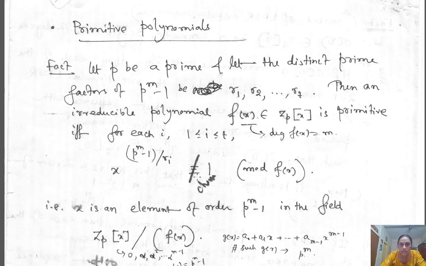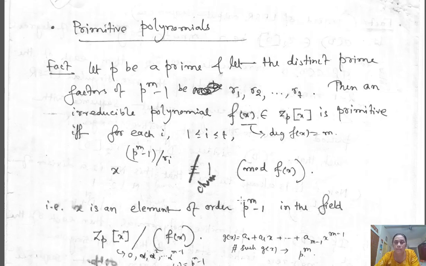You have to show this polynomial is not congruent to 0 modulo f(x), so f(x) does not divide it. If you keep dividing p^m - 1 by its distinct prime factors, then this one is not divisible by f(x).